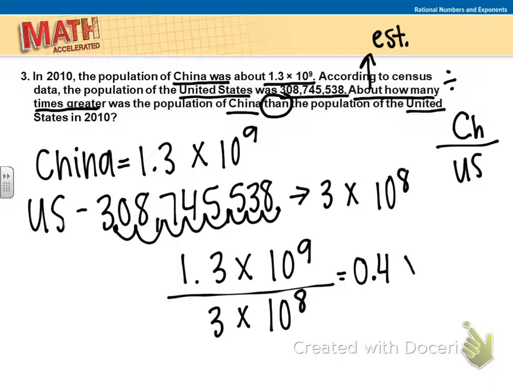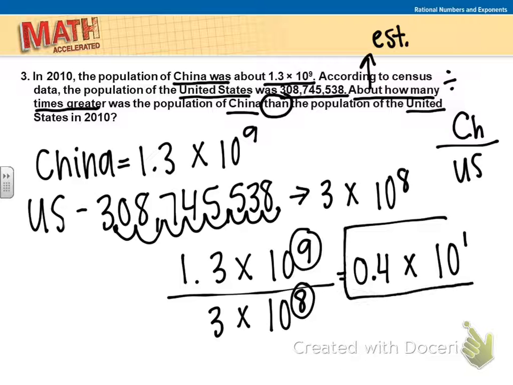Well, when we are dividing, what do we do to our exponents? Subtract. So what do we get? Times 10 to the what? First power. Well, this problem didn't say to leave it in scientific notation. It's saying to figure out how many times greater China is. So let's change this into standard form. So how would I make this into standard form? This positive one tells me to go what? Right.